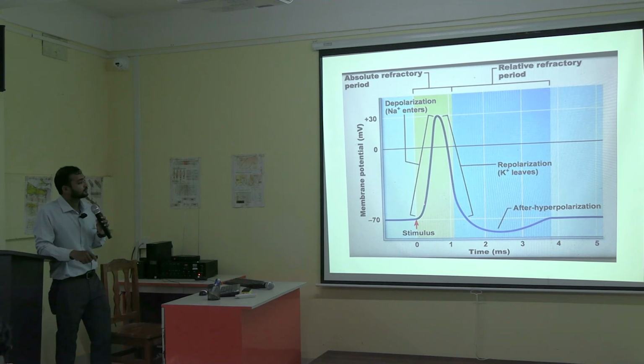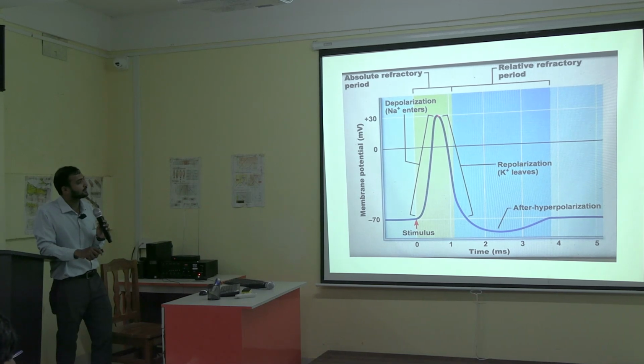So from where does the absolute refractory period start? From the firing point. If it reaches the threshold, it will fire the cell. It will get excited, so the channels will get open. Which channels? There will be an influx of sodium ions, so it will spike rapidly above and reach here.